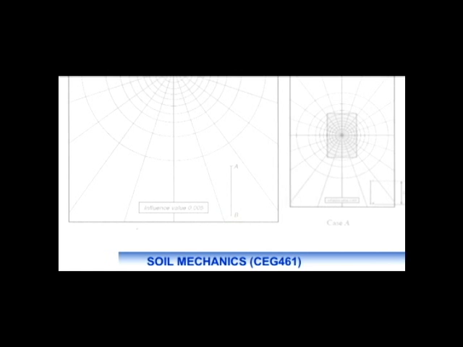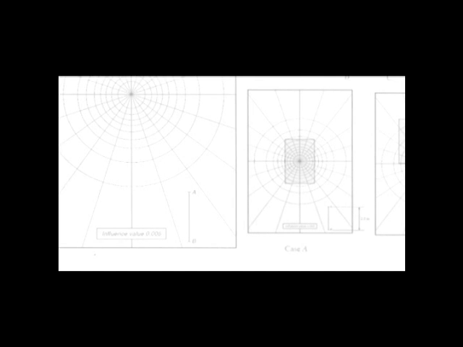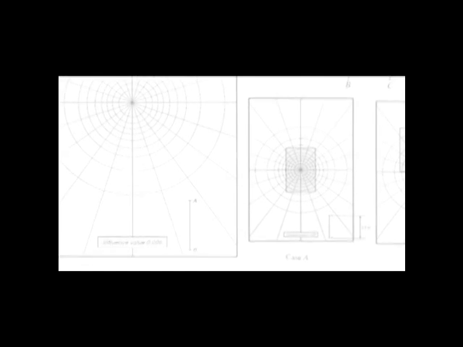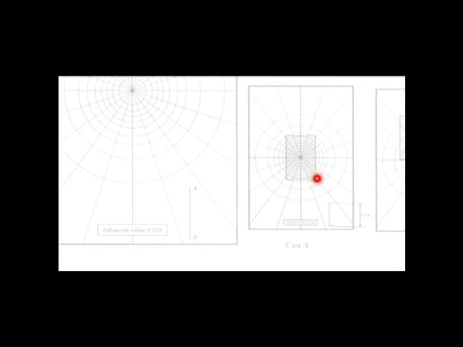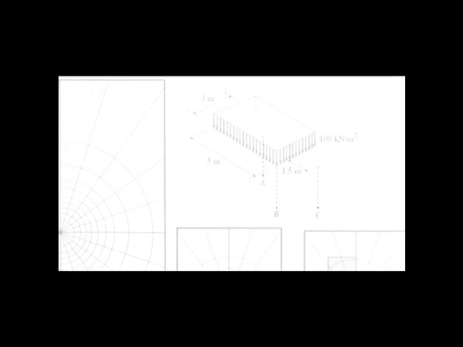It depends on your depth Z. If your Z is equal to 10 meters, your AB will be 2 cm and your Z is 10 meters, so you get that scale.